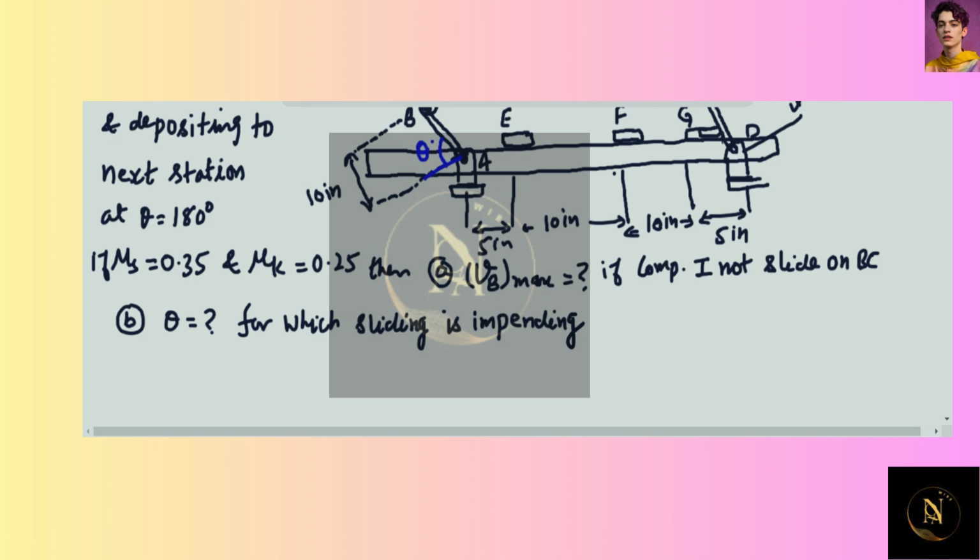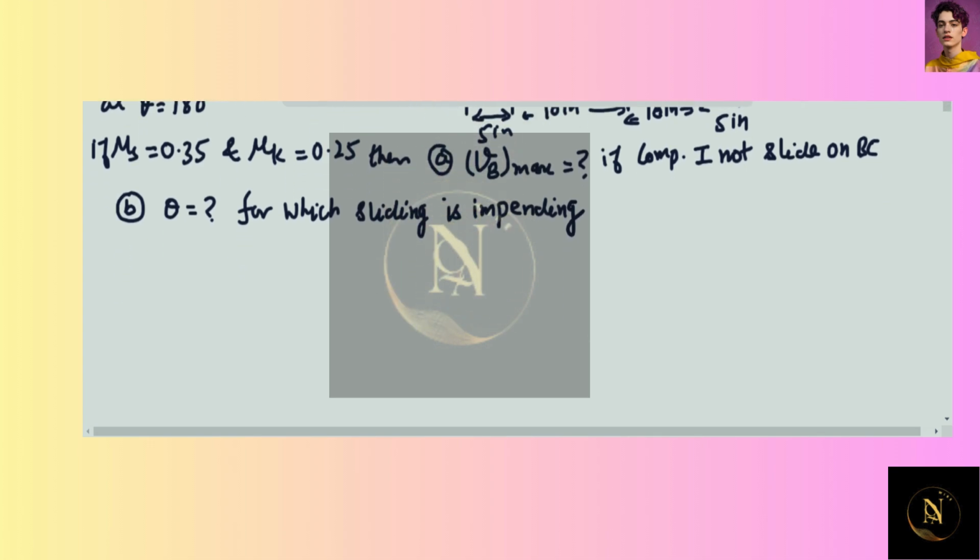Let us start solving. First we will draw the free body diagram of the component I. Weight of the component acts vertically downward. Normal reaction and friction.